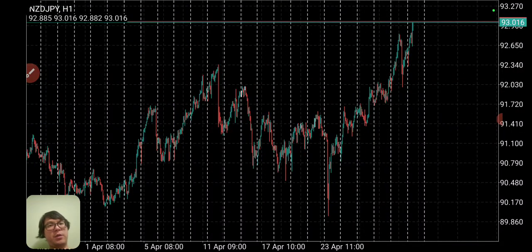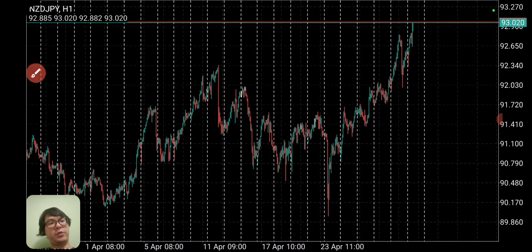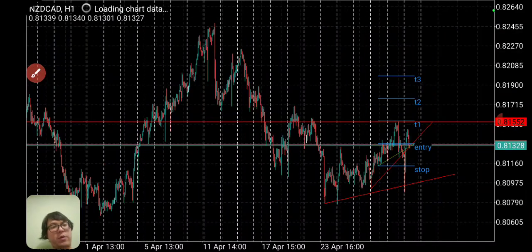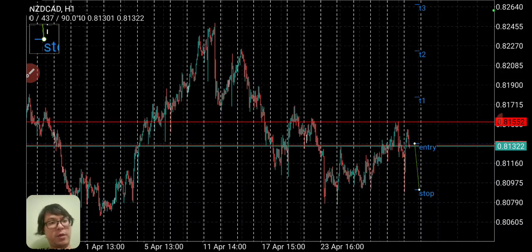Last one, New Zealand yen shooting up, long position. So back to the one we just unfolded for the setup yesterday. Long position still valid, but by removing this trend line, the new setup should be looking like this.